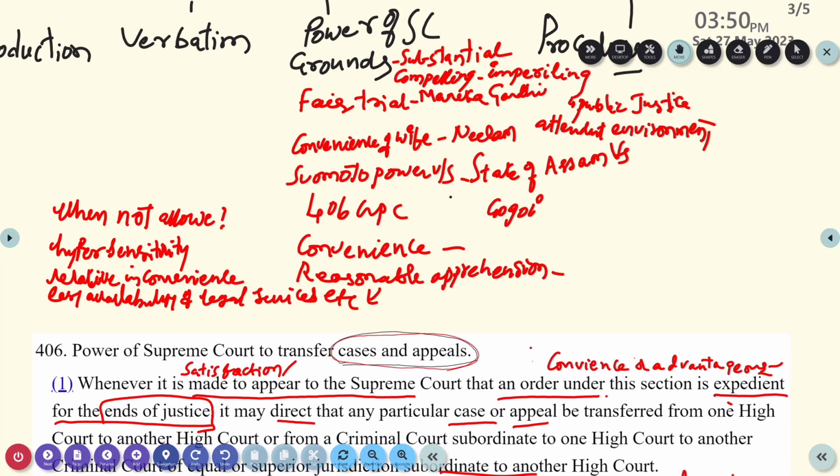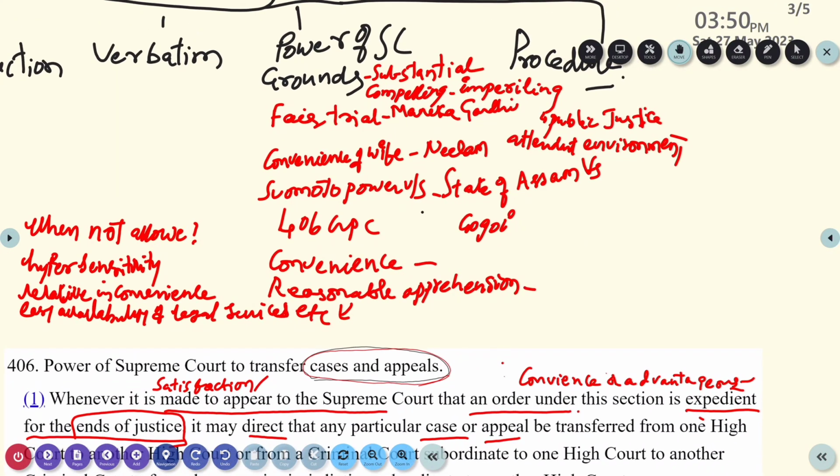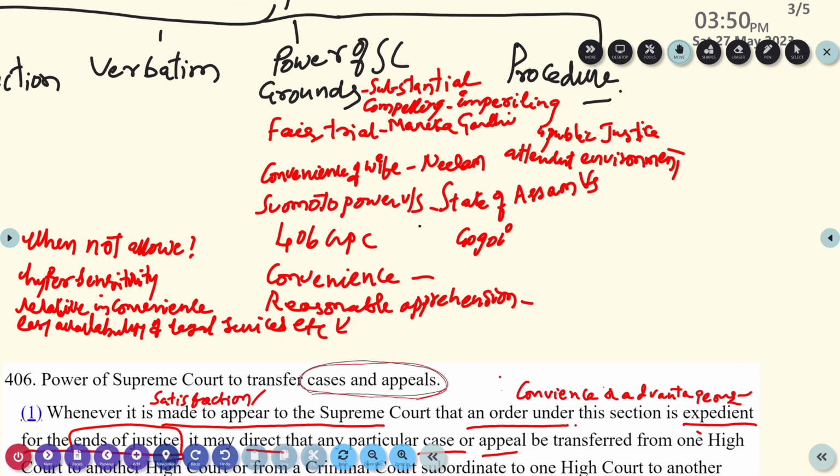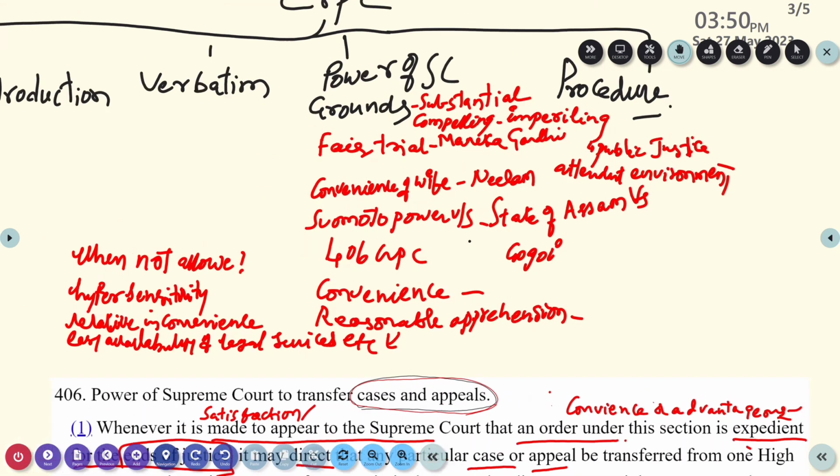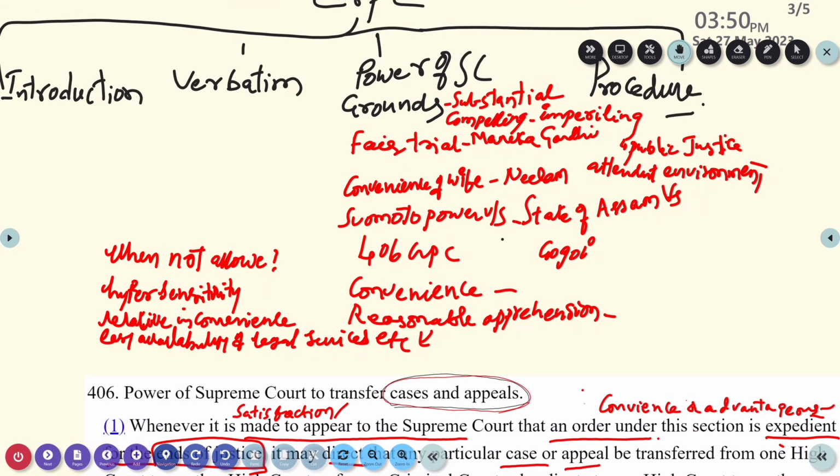Come to the grounds. The grounds in a criminal case: the basic, very few grounds are there.